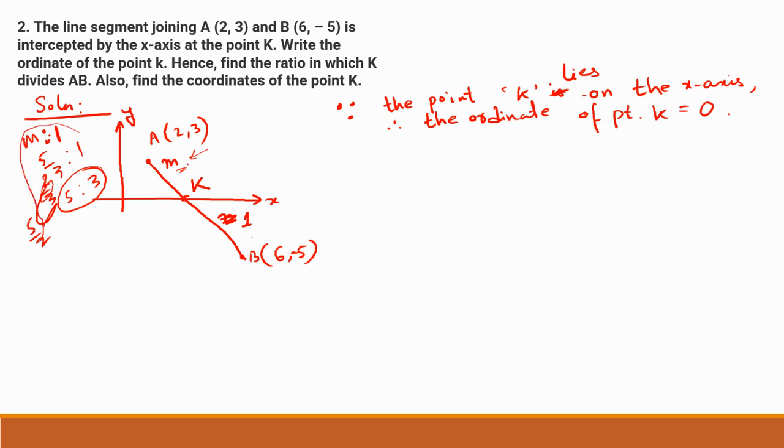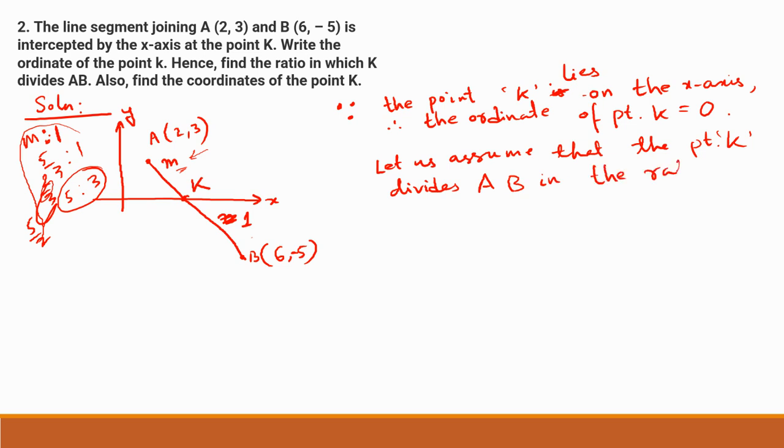That's why we will keep it as m is to 1. Let us assume that the point K divides AB in the ratio m is to 1.